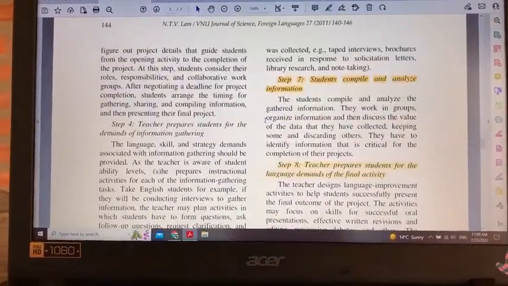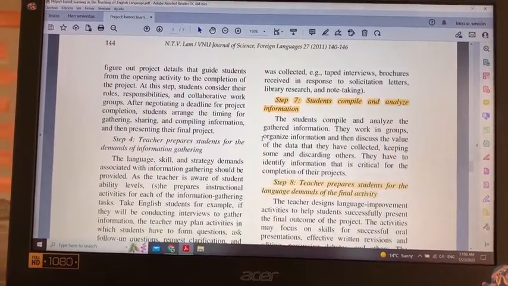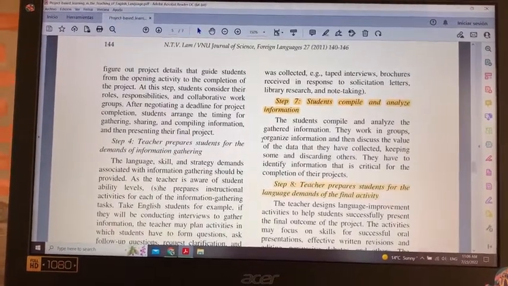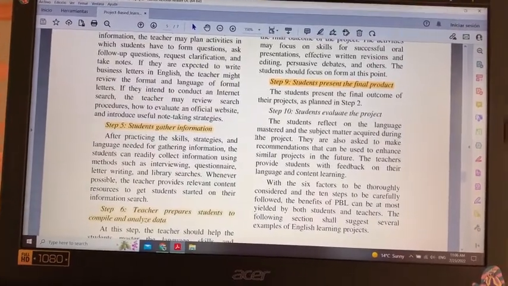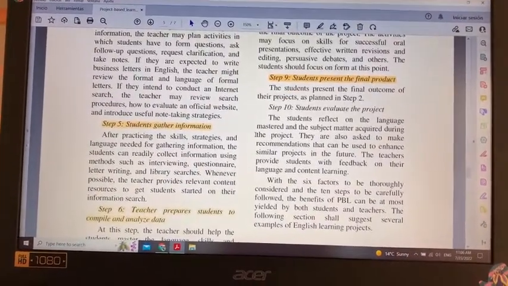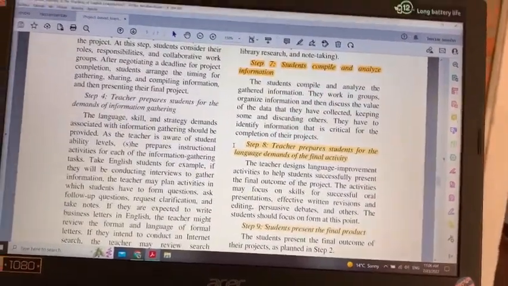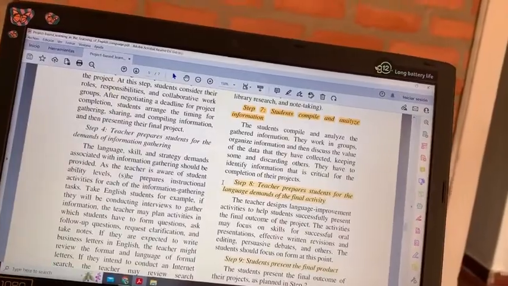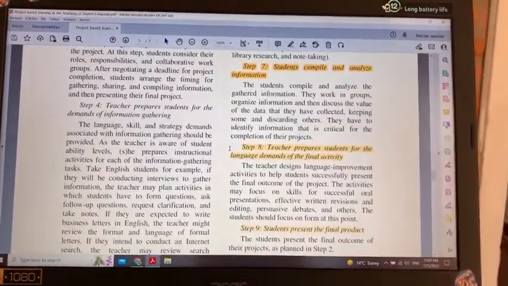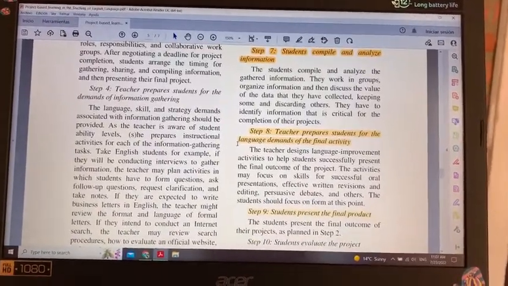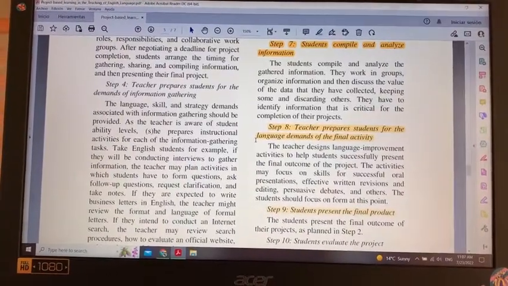After that, the teacher should be preparing students for the demand of information gathering, and after that, the students are going to move into the gathering of information per se. After that, the teacher is going to prepare the students to compile and analyze data. And then the students are going to do that. They are going to compile and analyze different information.